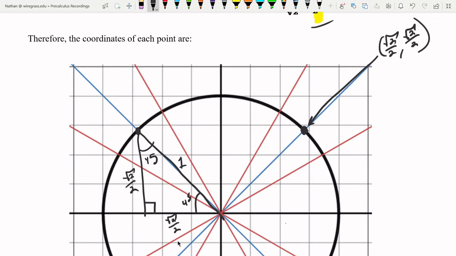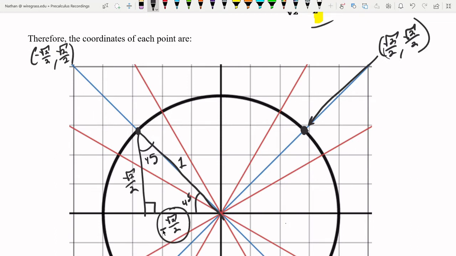However, in this quadrant, right, we have negative x. So actually, we don't have root 2 over 2, root 2 over 2 again. We have negative root 2 over 2 and root 2 over 2. The x coordinate has to be negative. That's the only way you can get into the second quadrant, is if the x coordinate is negative and the y coordinate is positive. Of course, I didn't show the x coordinate being negative here.